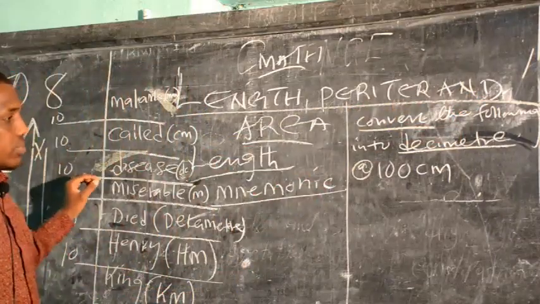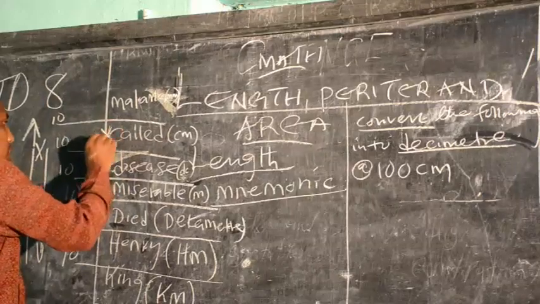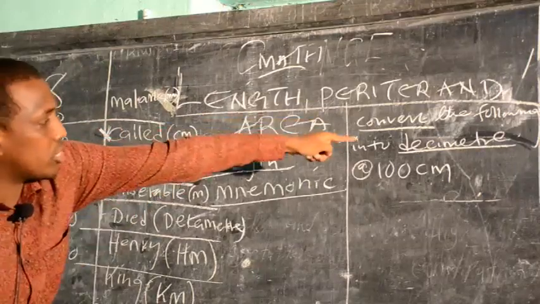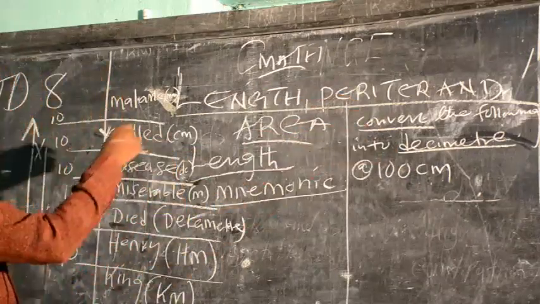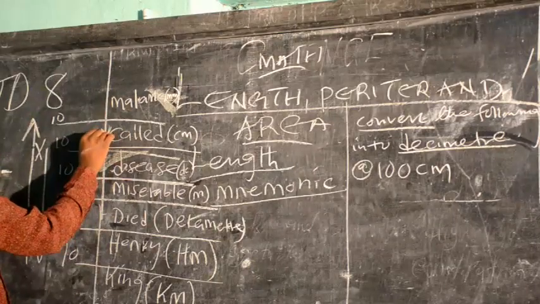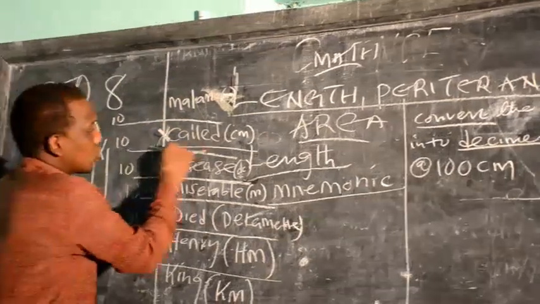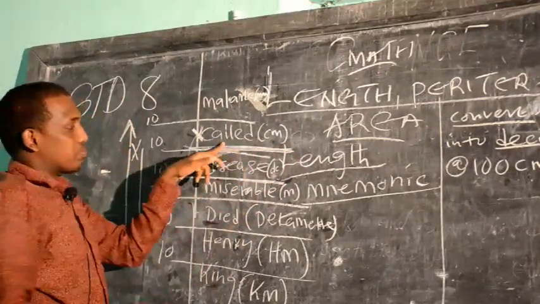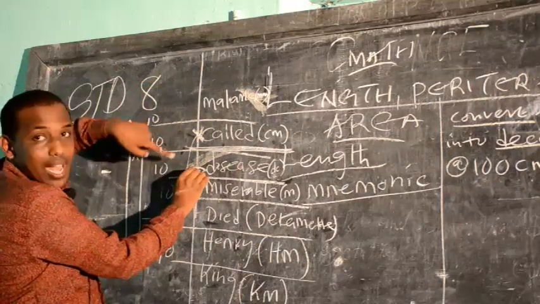Where is centimeter? Centimeter is here, so we stand on centimeter. They want centimeter to be decimeter. So I have moved from centimeter to decimeter, it's 1 step, and I am coming down.